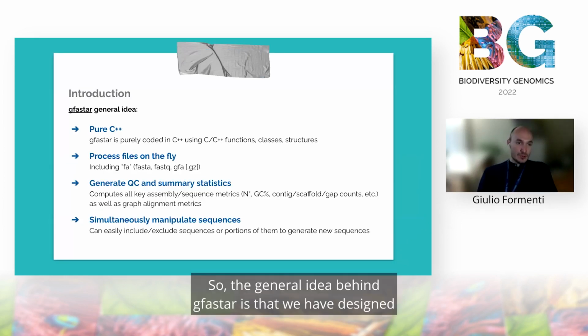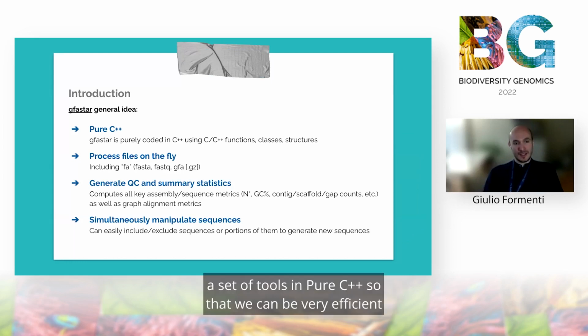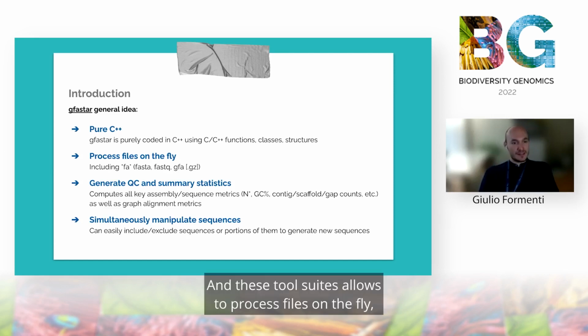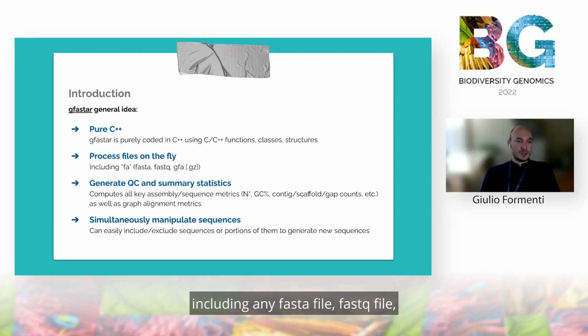So the general idea behind Gfastar is that we have designed a set of tools in pure C++ so that we can be very efficient in our manipulations. This tool suite allows us to process files on the fly, including any FASTA file, FASTQ file, and GFA file, potentially compressed.